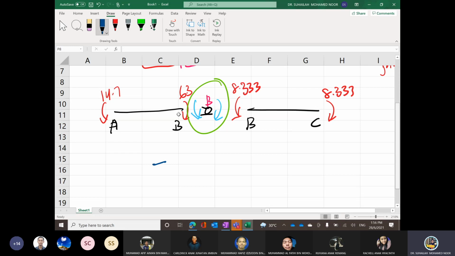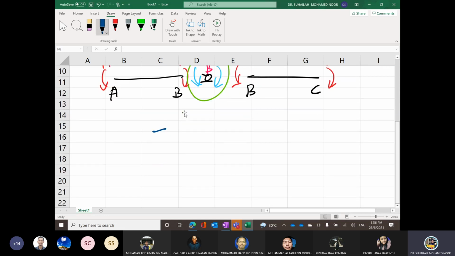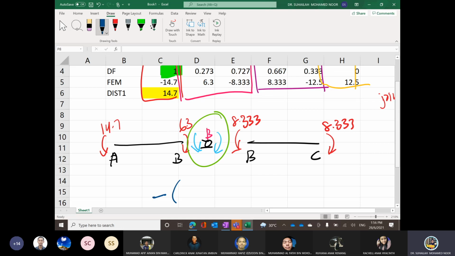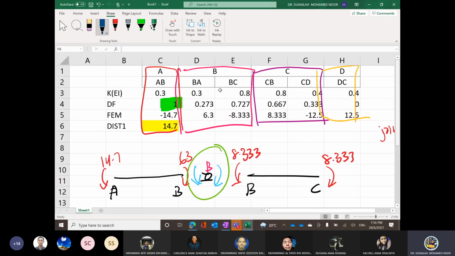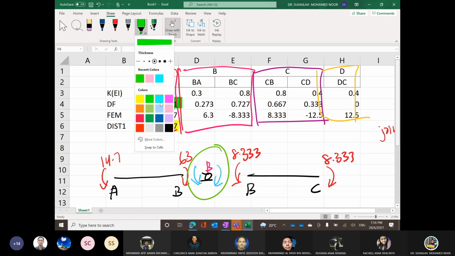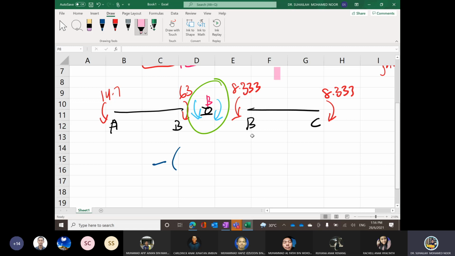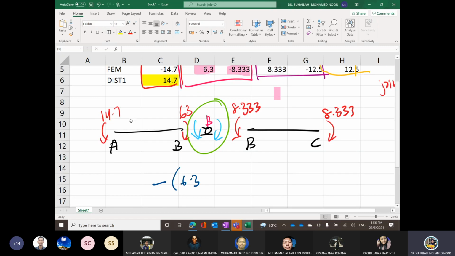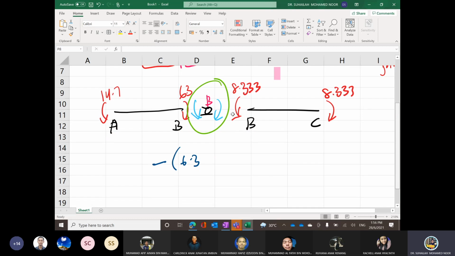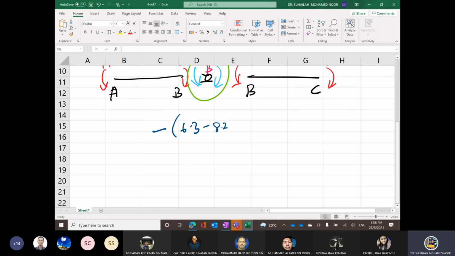The value we get from this is 6.3 and negative 8.333. So plus minus 8.333.